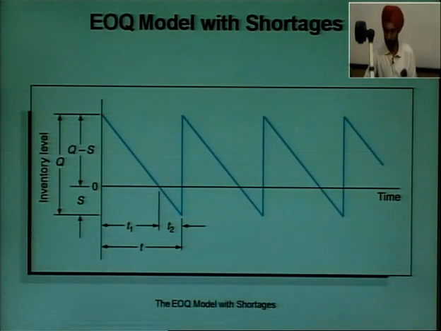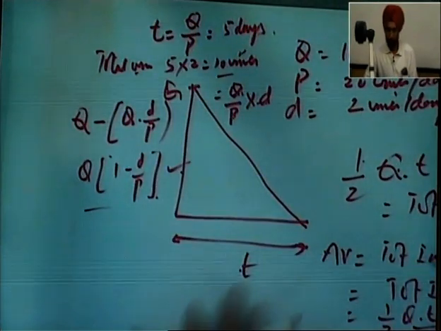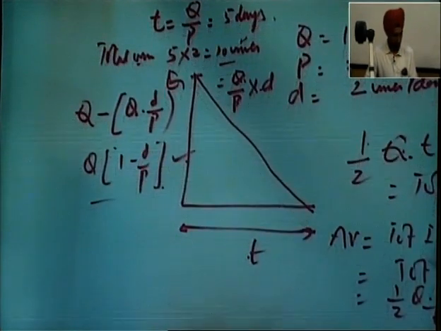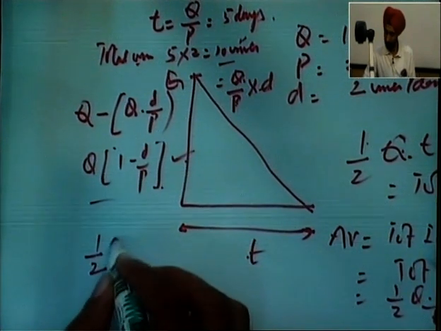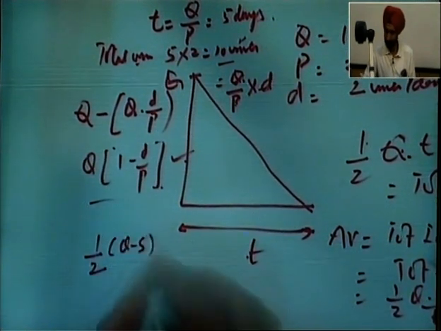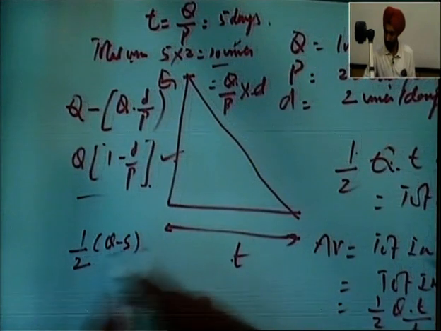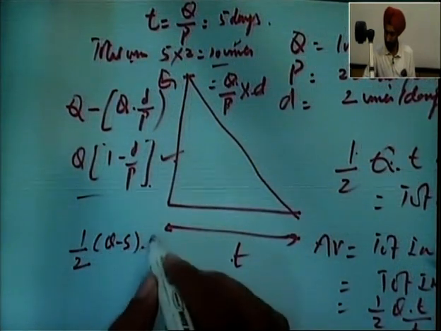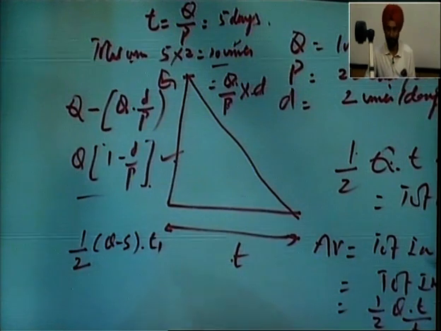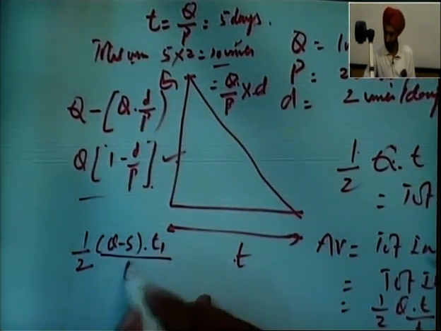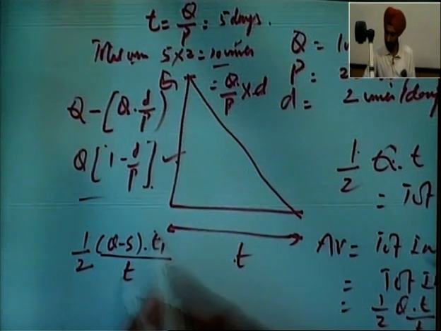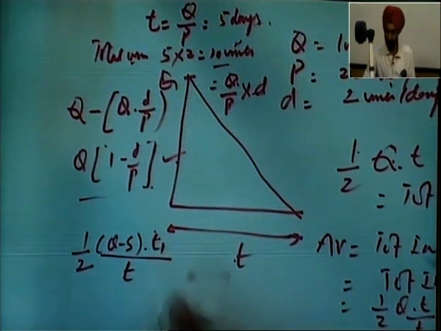Now, for instance, in this case, so let us say, in that case the area will be half Q minus S into T1, T1 is the period. So, for this period there will be an inventory divided by T, and this T1 by T finally we have to work out.